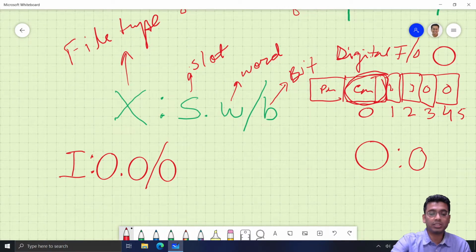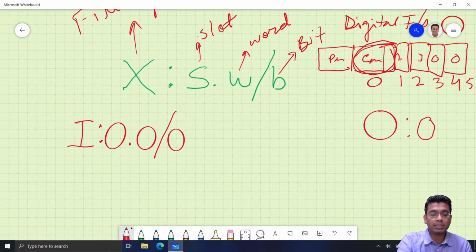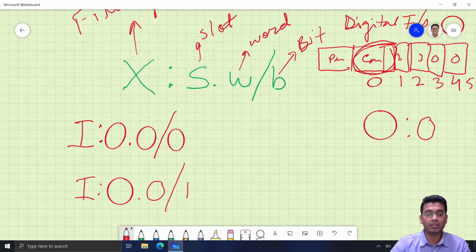So this is the first one here. Similarly, if I have to refer to the second input, what would I write? I would write I colon 0, where 0 is my slot, because I told you all the default inputs are built in the same slot 0, then word 0, then /1.